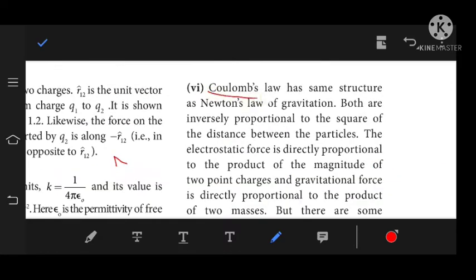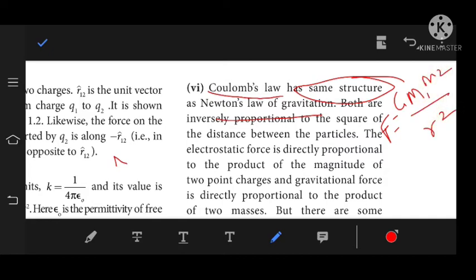The next point is Coulomb's law and Newton's law. Both are very similar, with the same structure. Newton's law: F is equal to G m1 m2 by R squared. But here, instead of G we use K, and instead of m1 m2 it's q1 q2, while the distance is R in both.